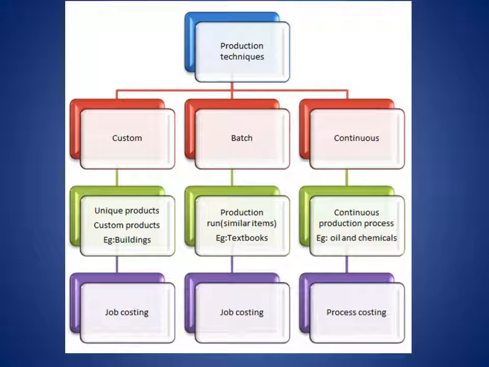When it comes to the batch production technique, we have the production run in similar items, for example, production of textbooks, bottles, or whatever with similar products. So once again, in this case also job costing, or we can also make use of something called batch costing. And finally, when it comes to continuous production, this is where continuous production process happens, for example, oil and chemicals. So in this case, we need to use a costing method known as process costing.